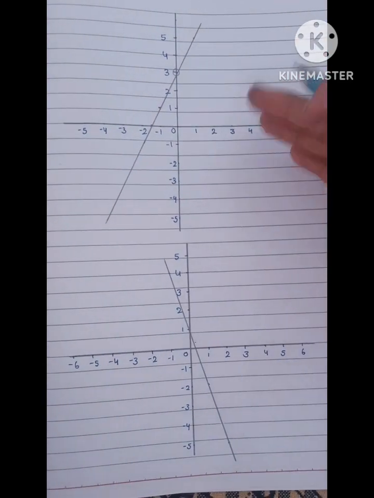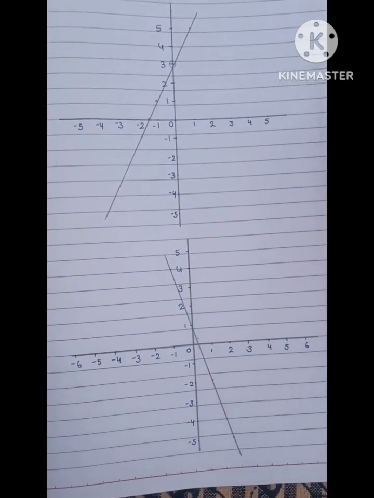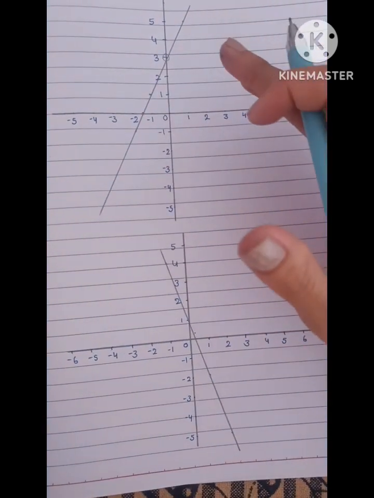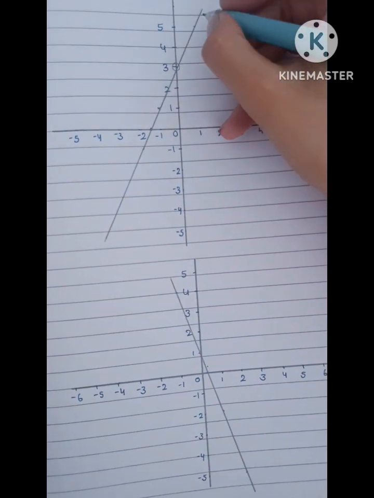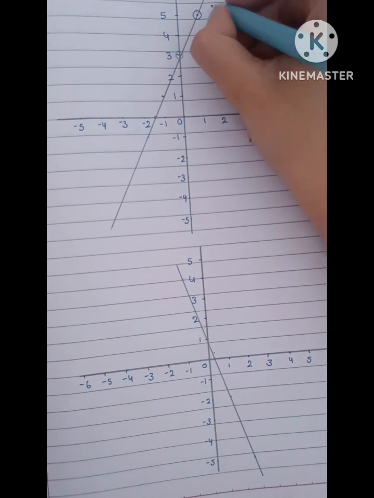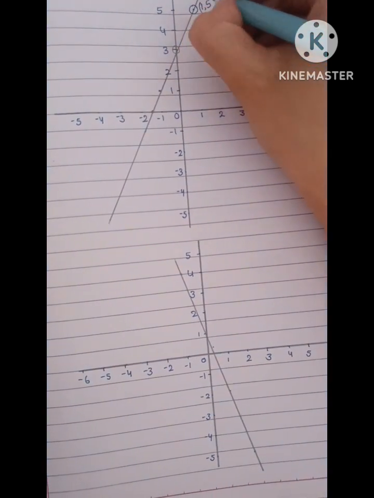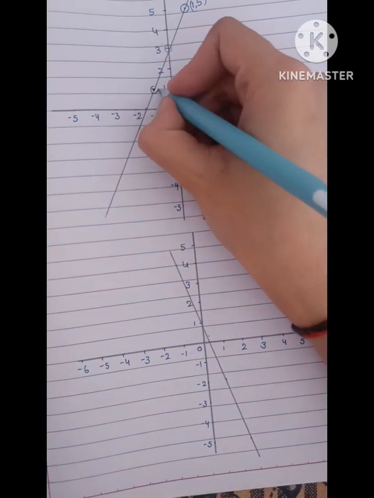So I have 2 lines here. I want to find the gradient of both the lines. So again we are going to take any 2 points on the line. So I am taking this point here. Coordinates of this point are 1 and 5, and I can take this point here.